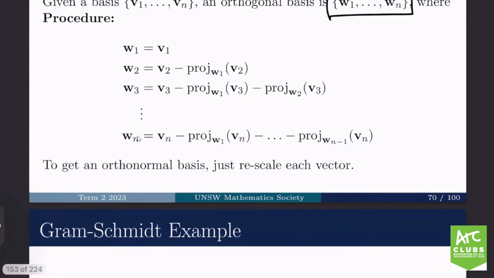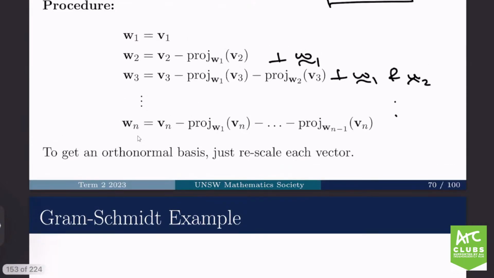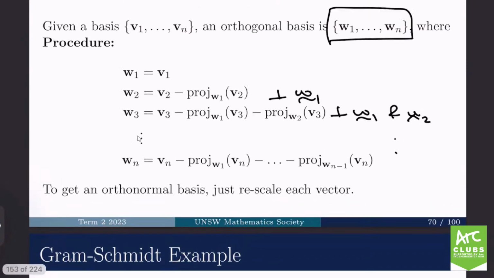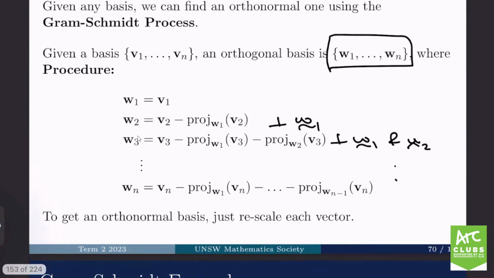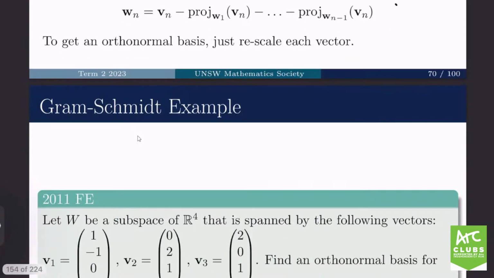So this will be orthogonal to w1, and this next one will be orthogonal to w1 and w2. Then we can keep going and going, and if we do this process, we'll have a set of orthogonal vectors. Now, in order to make an orthonormal basis, all we need to do is rescale each vector in our basis so that it has length 1. That will give us an orthonormal basis.